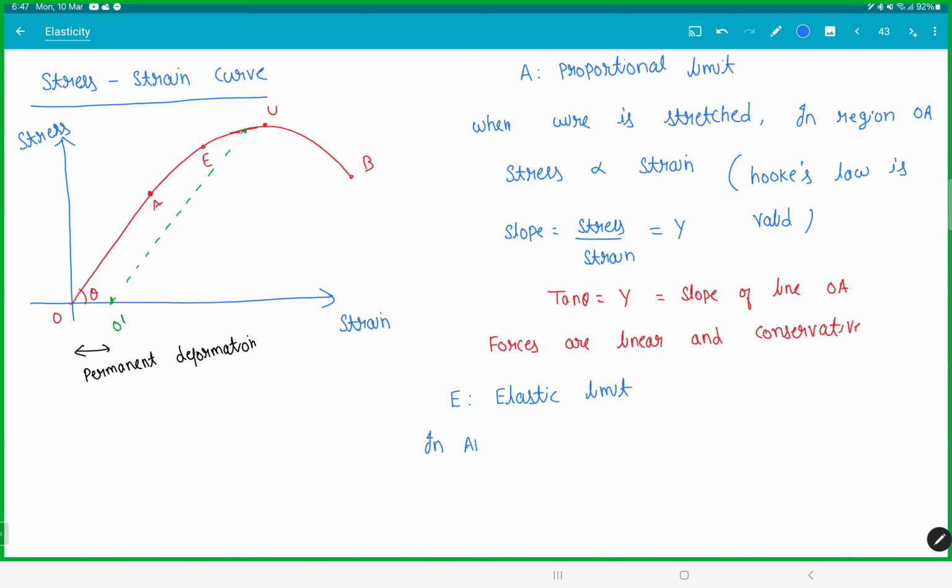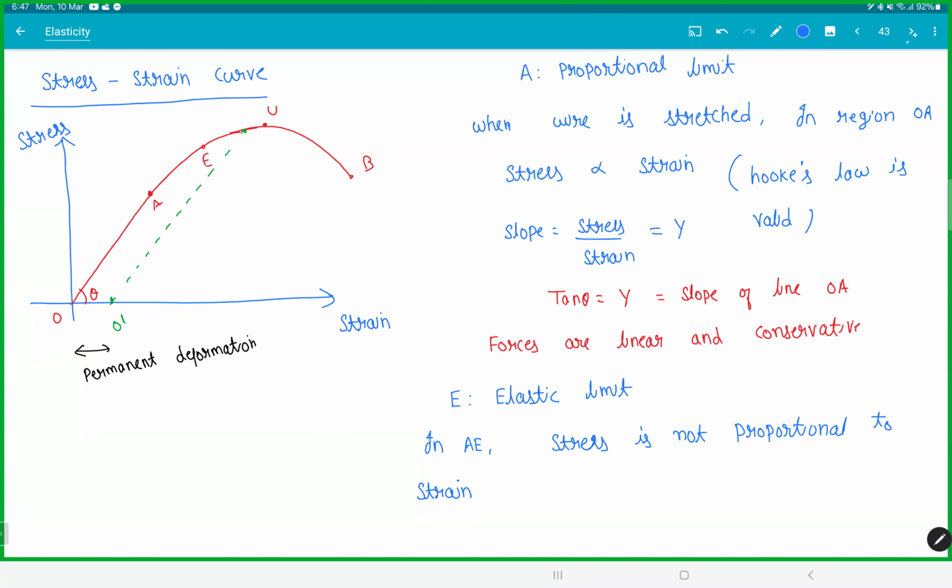So from A to E, stress is not proportional to strain, meaning you won't get a linear function. What do you mean by that? Stress is not proportional to strain.